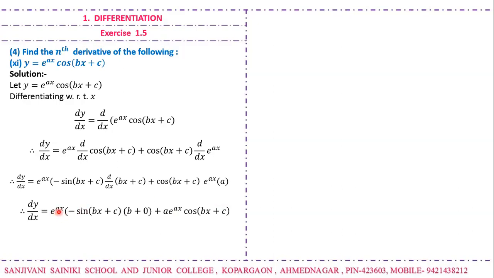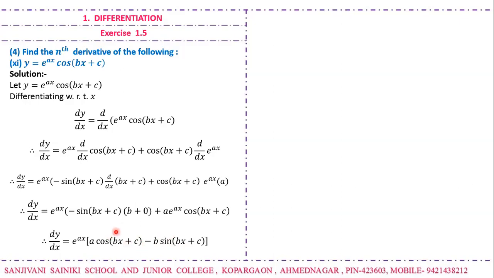So now we can take e raised to ax common from both these terms, and this is the positive term, so I will write it initially, and the negative term I will write afterwards. So e raised to ax into [a cos(bx plus c) minus b sin(bx plus c)].